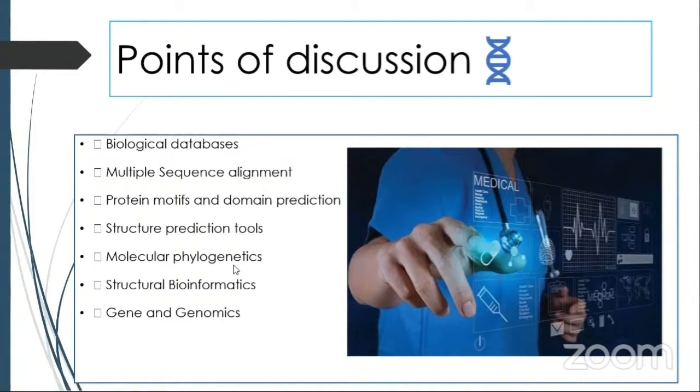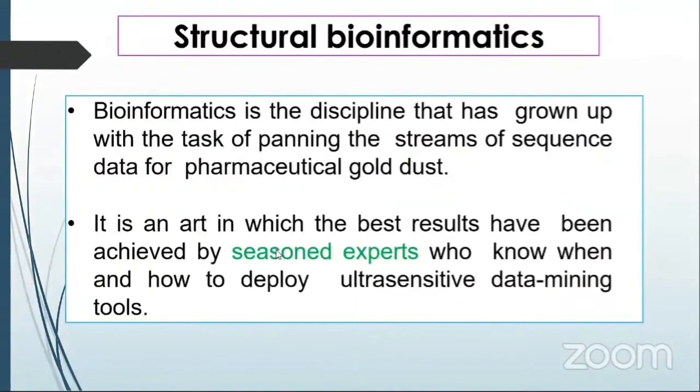Molecular phylogenetics gives the classification based on phylogenetic tree analysis, where you will get the clades and dendrograms. And for genes and genomics, after gaining different knowledge, you can integrate it with a genomics based approach.